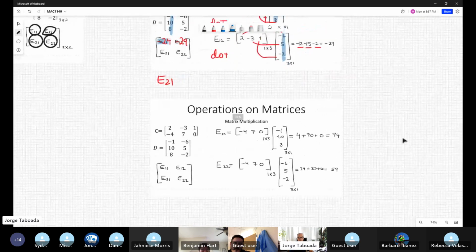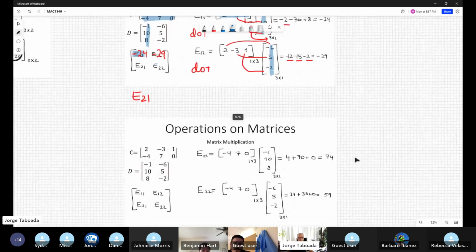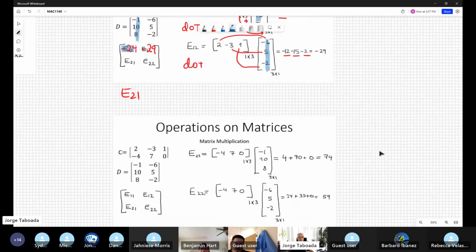If my goal is to determine E21, we see now the row 2 and the column 1. You perform the famous dot product between two vectors: multiplication component by component and adding each other, well, adding or subtracting depending on the algebraic sign.